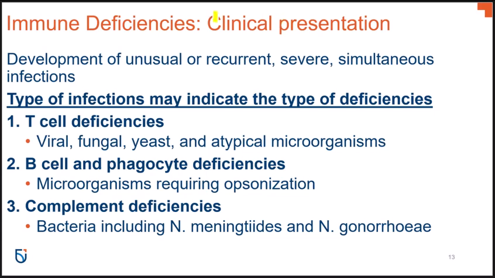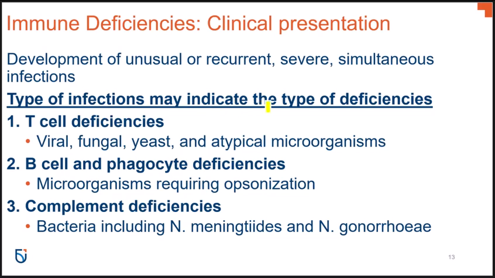Now let's have a look at the clinical presentation, what some of the clinical manifestations will be when somebody has an immune deficiency, whether it's congenital, whether they're born with it, or acquired. What we see as the clinical hallmark of immune deficiency is this tendency to develop unusual or recurrent infections, severe infections, and simultaneous infections.